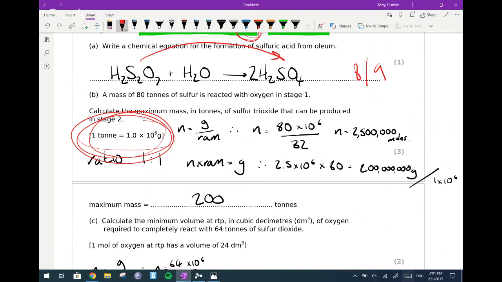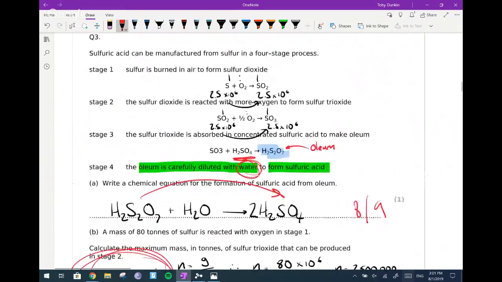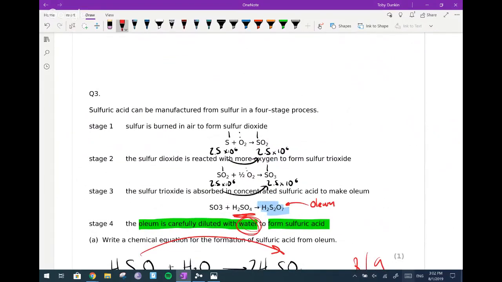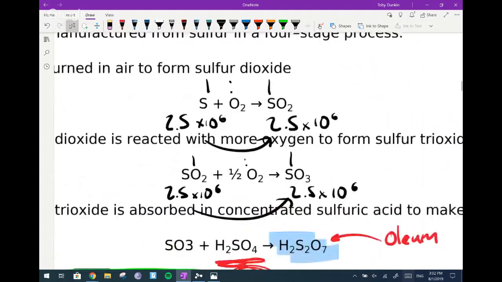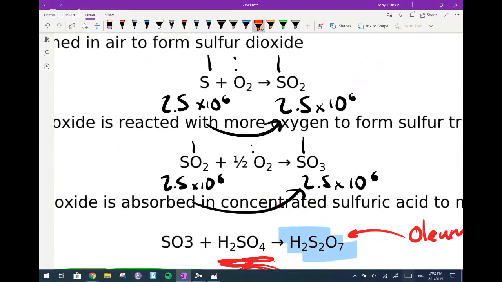That's impressive. Next, what is the ratio? So once I've got 2.5 million moles, I can now go, right, let's look at my equation. What's the ratio? I have 2.5 million moles of sulfur.